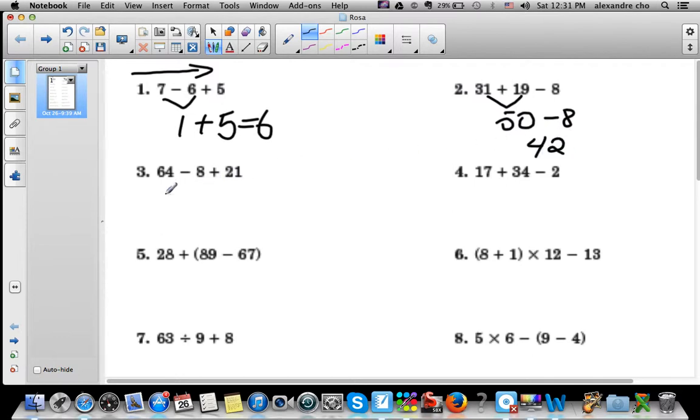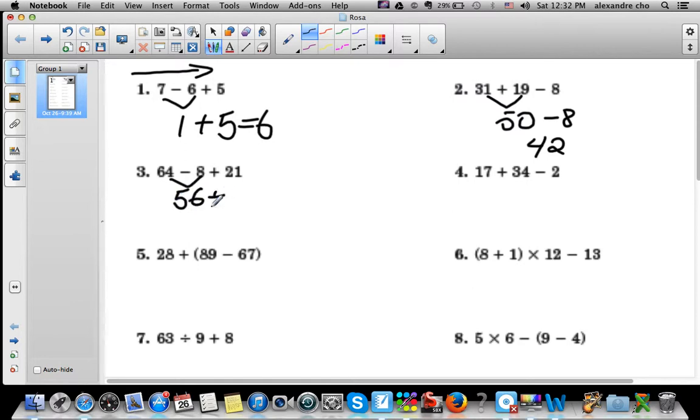Okay? 3. 64 minus 8 plus 21. Okay? If you were to choose between addition and subtraction, you're choosing the first one, the one that comes first from left to right. 64 minus 8 is 56.